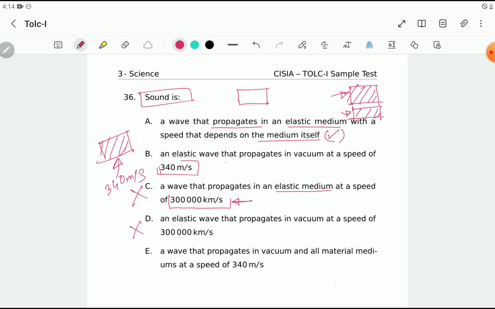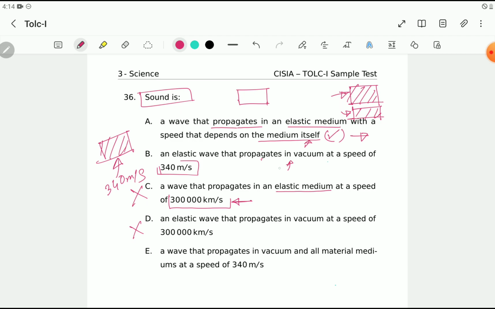Okay, let's read option B. An elastic wave that propagates in vacuum at a speed of 340 meter per second. Yeah, this is a correct statement, but you have to think that the previous one seems closer to correct because they gave more information than this.